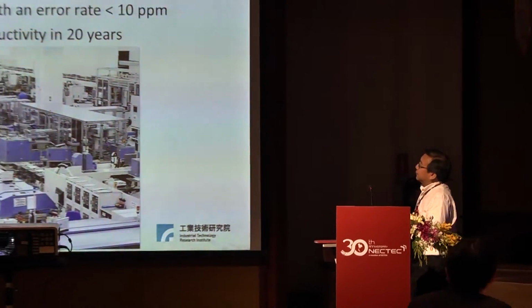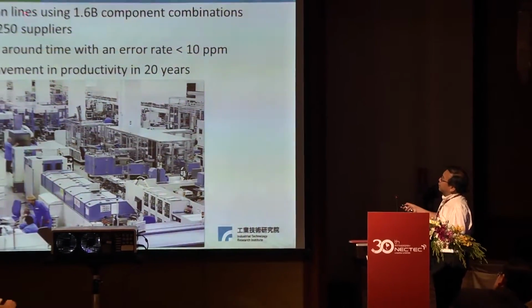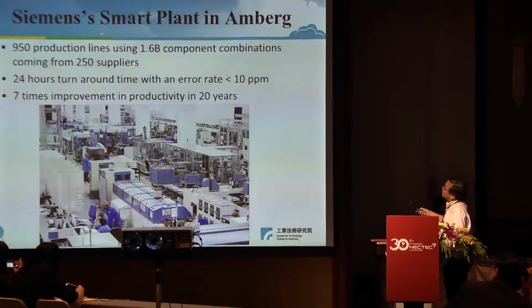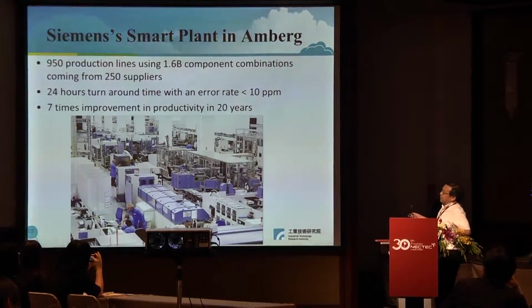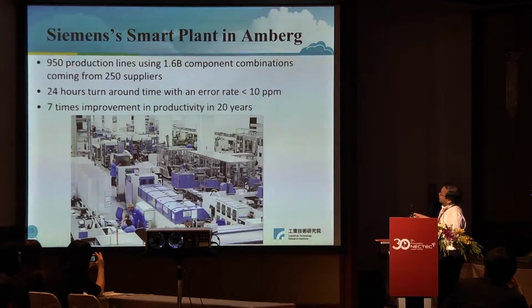So one canonical example of 4.0, almost a well-known example, is Siemens' smart plant in Hamburg. I'll just read out these parameters: 950 production lines using 1.6 billion component combinations coming from this many suppliers. It can reconfigure the manufacturing process in 24 hours with an error rate of 10 ppm, 10 parts per million.